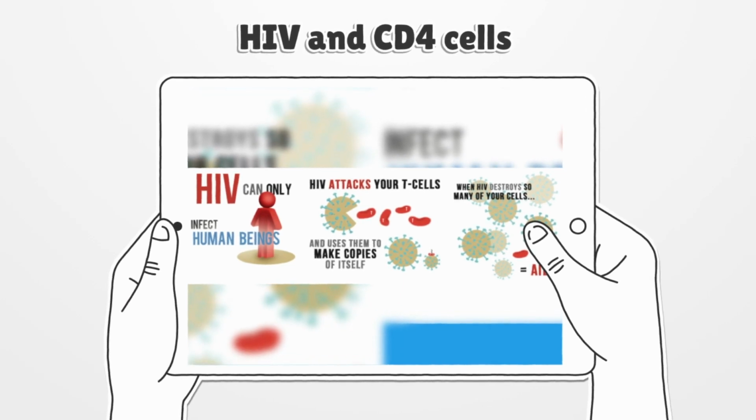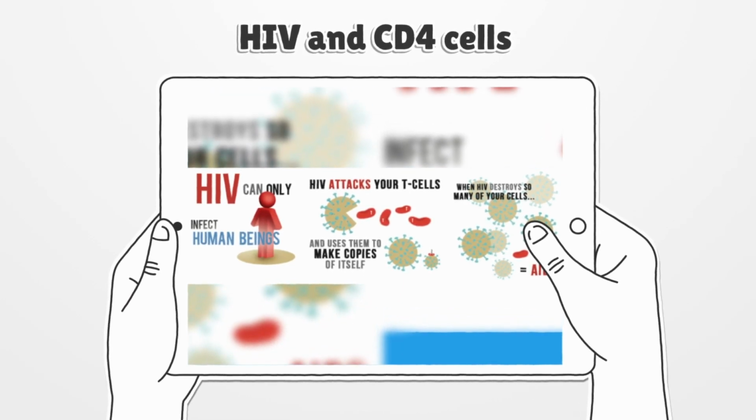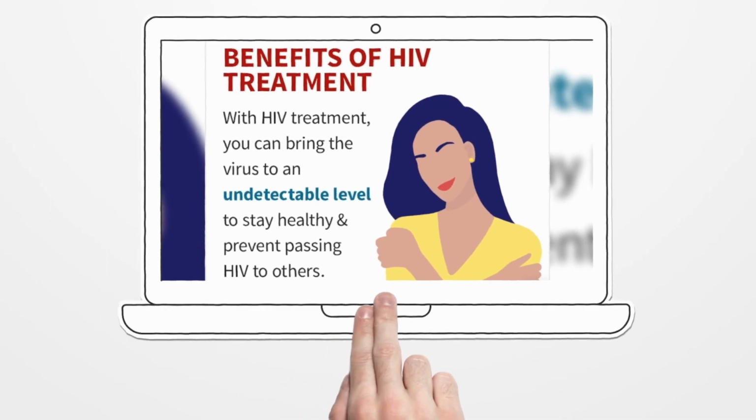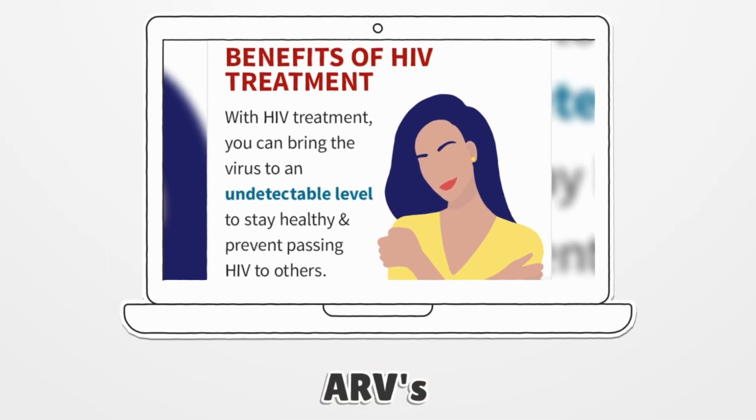And also the way that the ARVs, or antiretroviral drugs, work is they try and stop the virus from replicating, meaning your viral load will stay the same or hopefully decrease, and then your CD4s will increase.